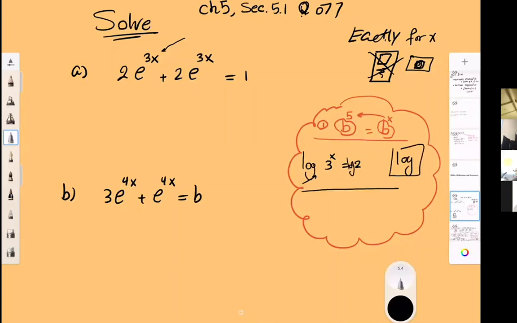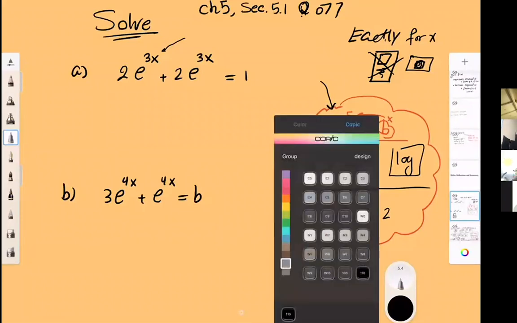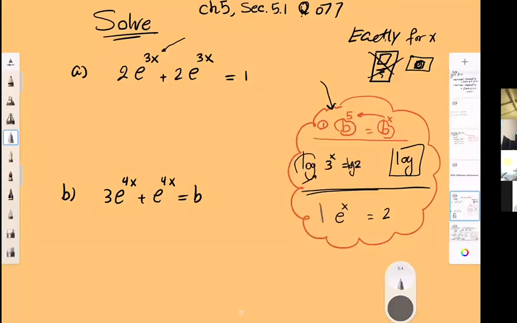And the last one, if we have e to the power of x equals 2, if we have the base e. So your job is to go through step 1: if you're able to make the same base. If you don't see it, you take a log of both sides. If you see e, you take a natural logarithm of both sides. Good, so that's the rule.